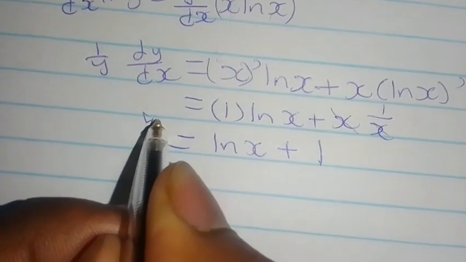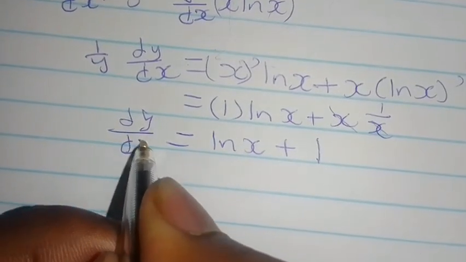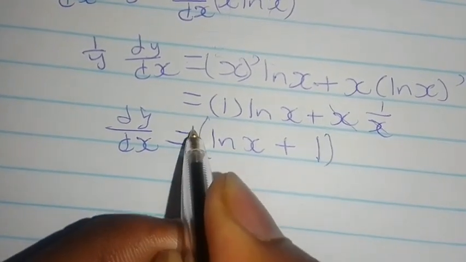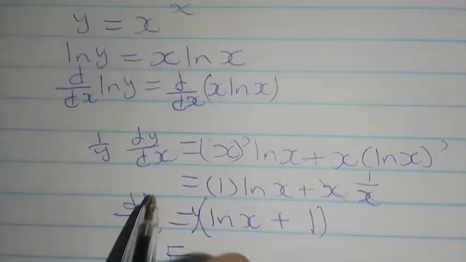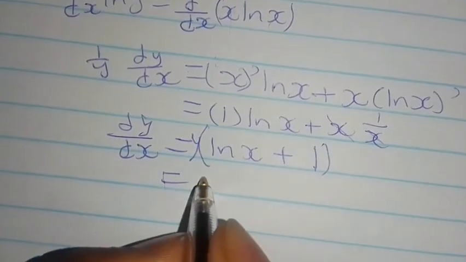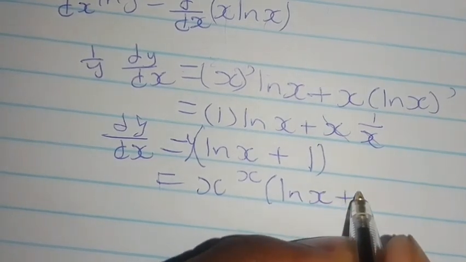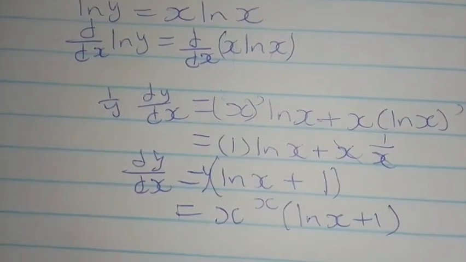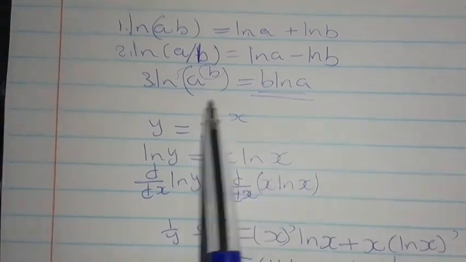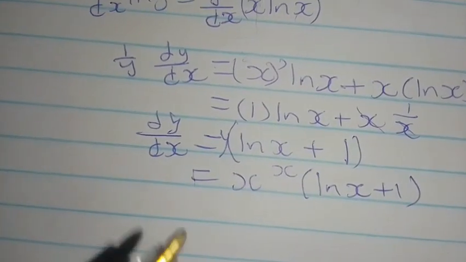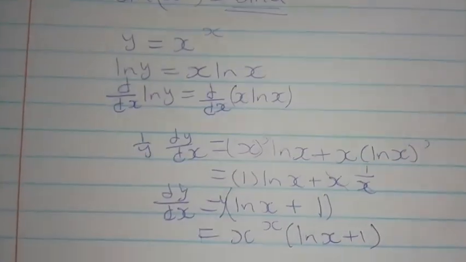So this is the natural log of x plus 1. That means dy over dx, if I multiply both sides by y, I can substitute y back. Then I'll have x to the power x times natural log of x plus 1. So this is logarithmic differentiation. Basically, you just take the natural log on both sides, simplify, then differentiate.